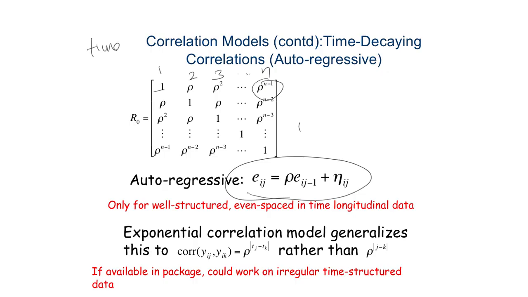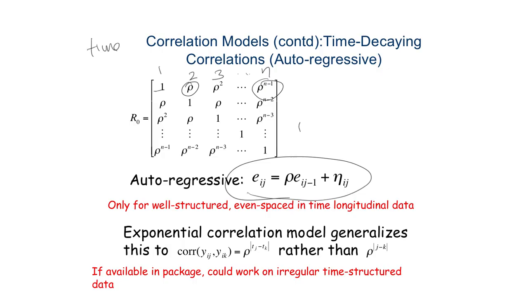So the more you raise it to the power, the smaller it gets. It's equal to rho if it's only between adjacent observations. Any adjacent observations will have correlation rho. If they're 2 apart, it'll be rho squared. If they're 3 apart, it would be rho cubed, etc. So it allows for declining correlation within a subject of outcomes as the time between them gets longer. And it's based on a very common time series type model.